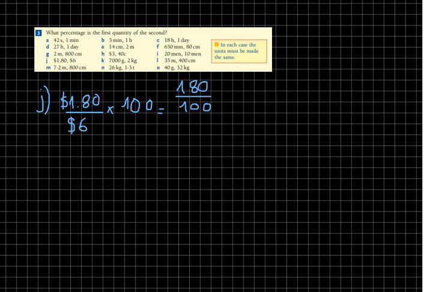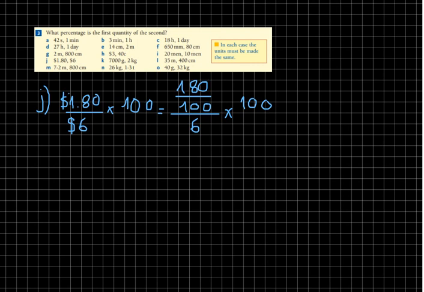Here we have 1 and 2 decimals, so we're going to place a 1 followed by 2 zeros. 180 over 100, over 6. Okay, it looks like a great fraction, a fraction of a fraction, and that multiplied by 100. It looks quite awful, but don't worry, it's going to be very easy.